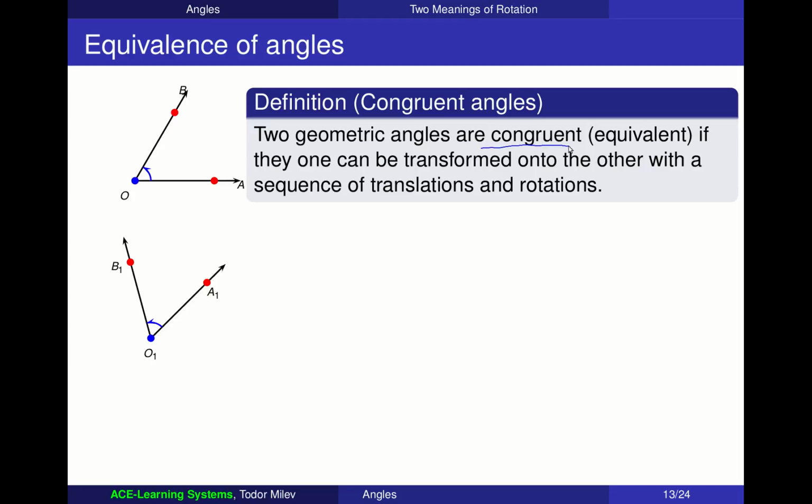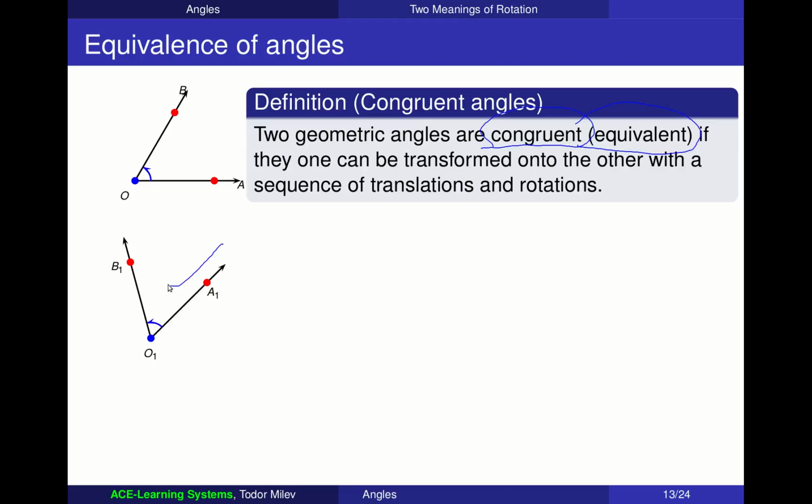So two geometric angles are congruent, or if you wish equivalent, if they can be transformed one onto the other with a sequence of translations and rotations.